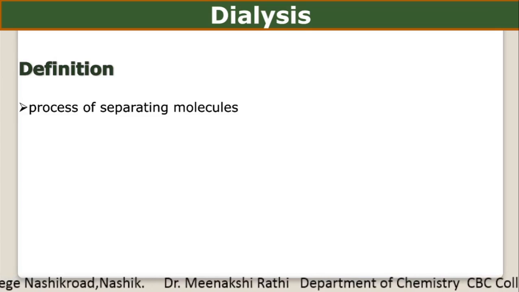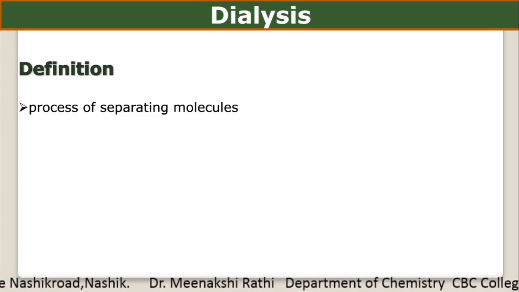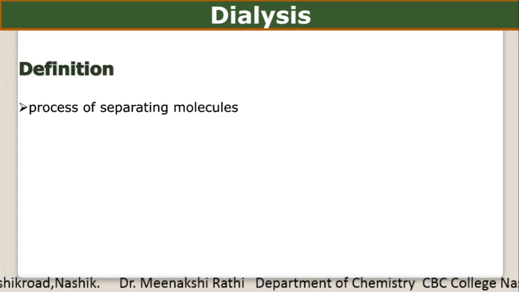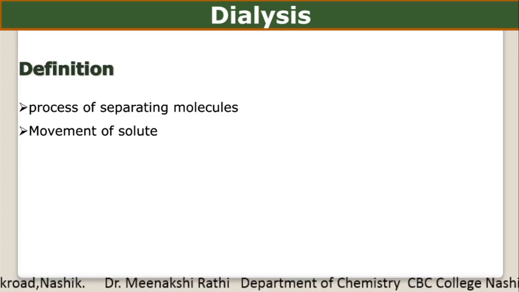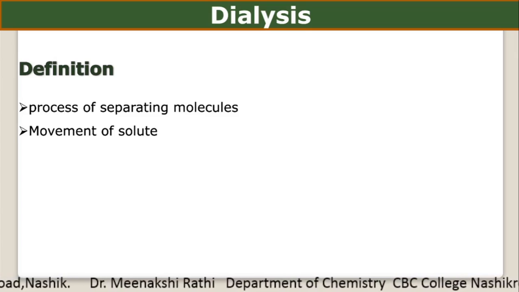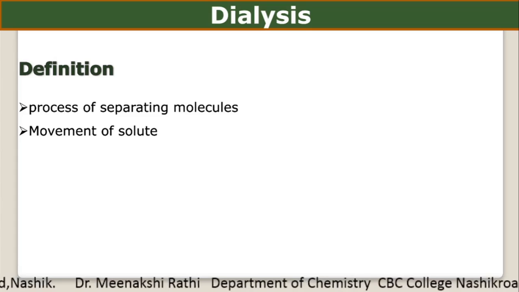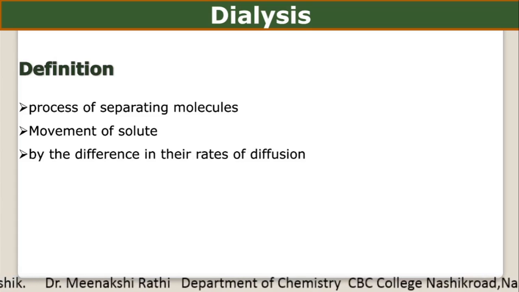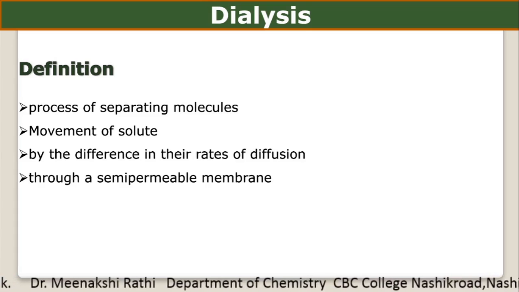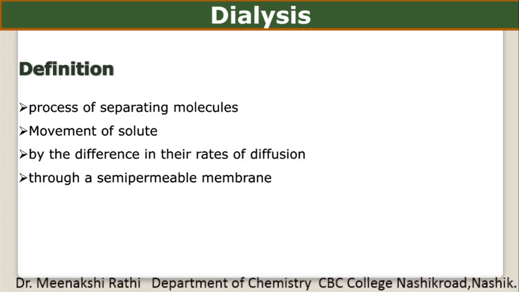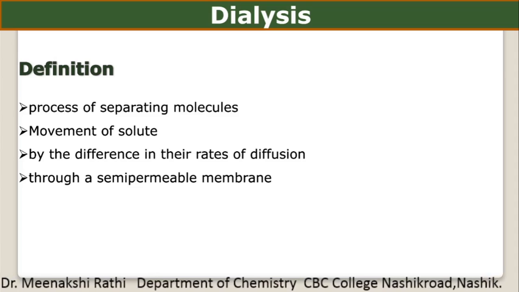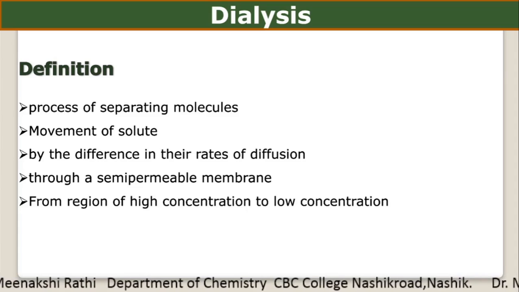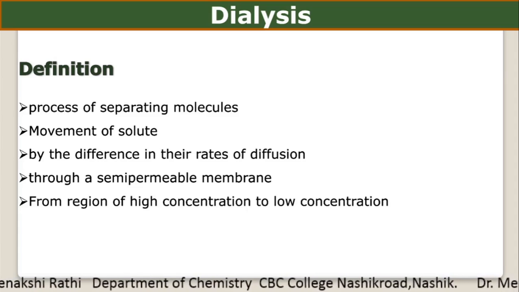So dialysis is a process of separating molecules based on their shape, specifically their size, and it controls the movement of solute molecules by the difference in their rate of diffusion through a semi-permeable membrane from a region of high concentration to low concentration.